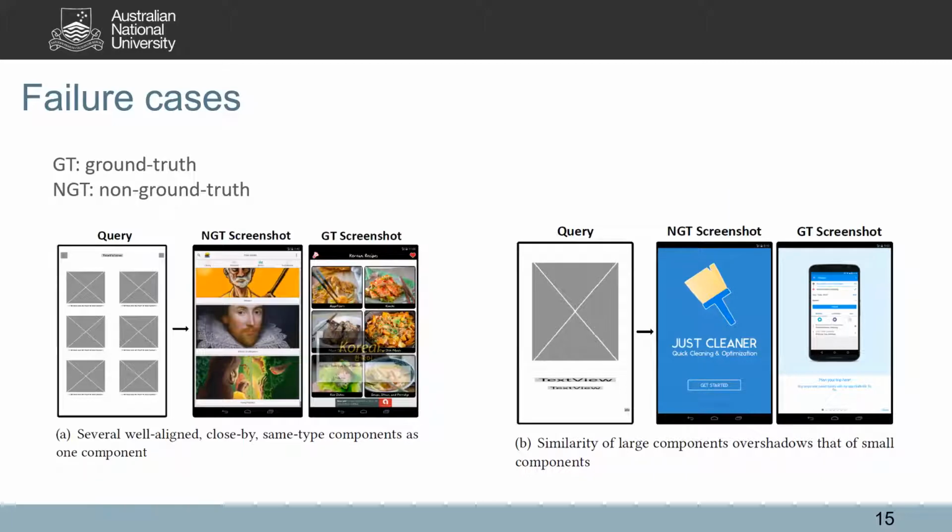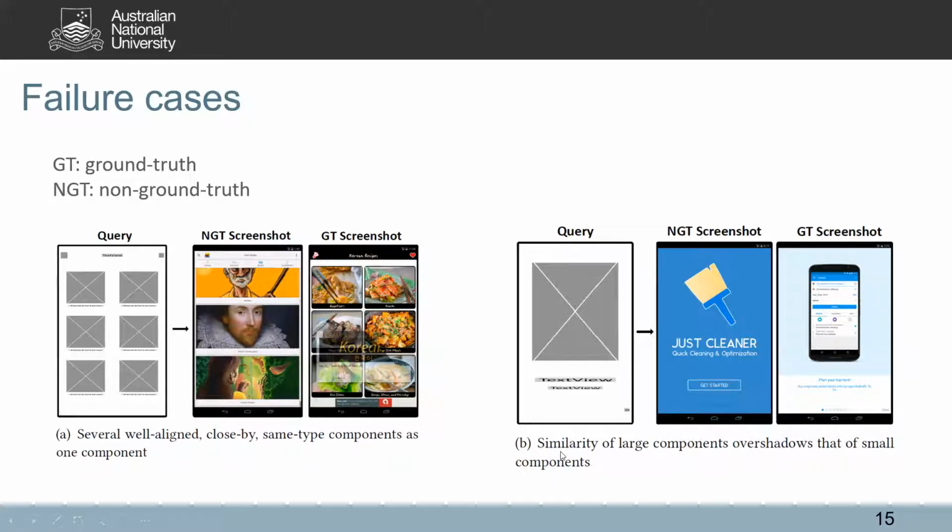There are 3 kinds of failure cases. The first one is that the query UI may contain several well-aligned, close-by components of the same type. However, the model only returns UIs that have some components of the same type but bigger and fewer in number in the corresponding UI region, as we can see from this example.